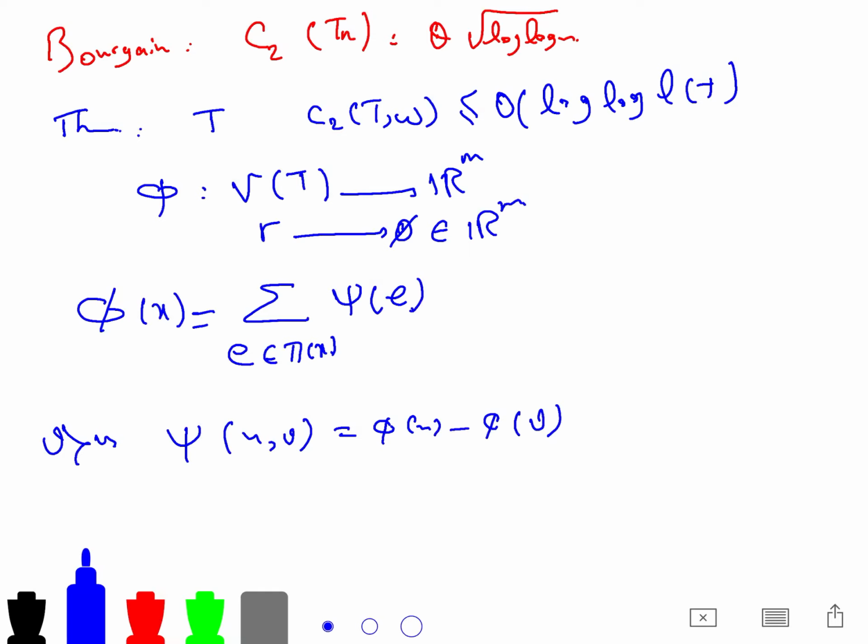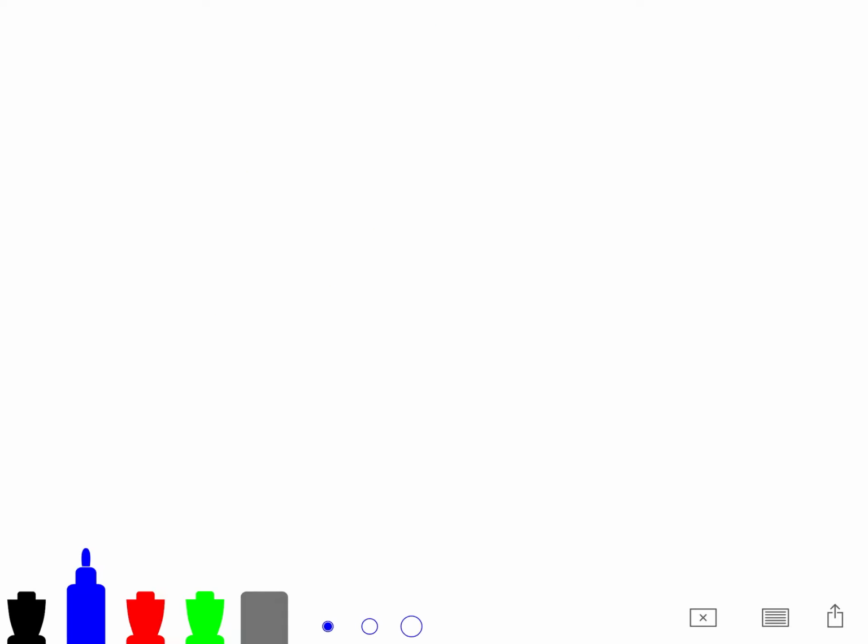Let's go to the proposition: the expansion of the map psi phi is the maximum of the norm of phi of e divided by w of e.